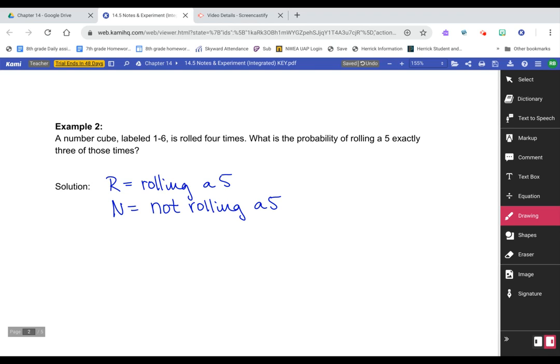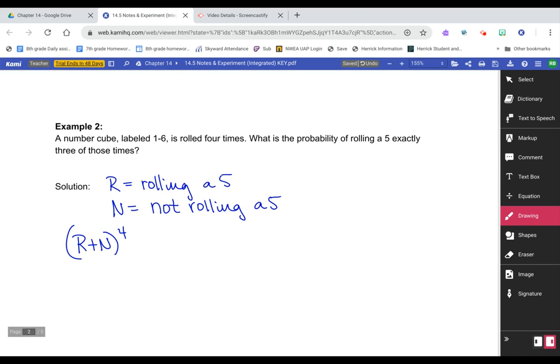We have our 2 outcomes, and we're going to expand R plus N to the 4th power. That will give us the probability of rolling a 5 exactly 4 times, rolling a 5 exactly 3 times, rolling a 5 exactly 2 of the times, rolling a 5 1 of the times, and rolling it 0 times.